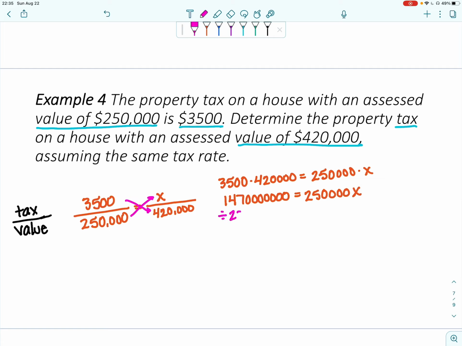And then divide both sides by 250,000. The unit on this is dollars.